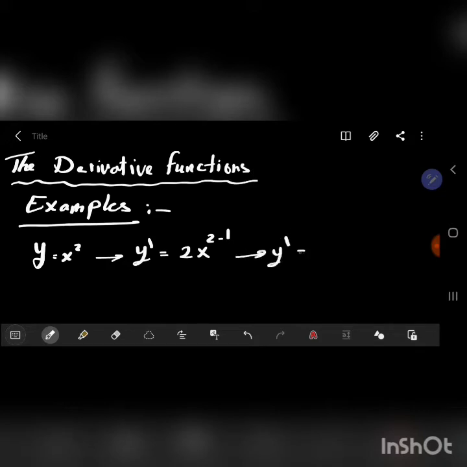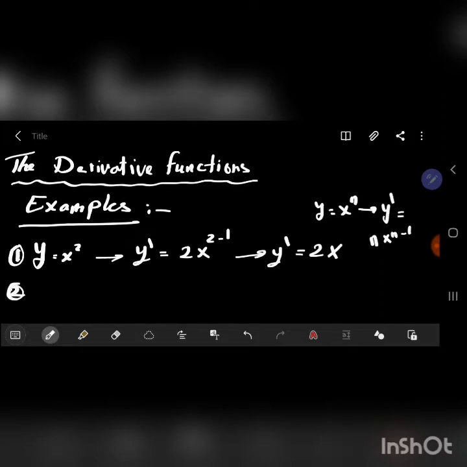That means y prime equals 2x to the power 1. We don't write power 1. This is the first rule. We took the rule that said if y equals x to the power n, its derivative will be nx to the power n minus 1. It's about the potential case. This is the first example.